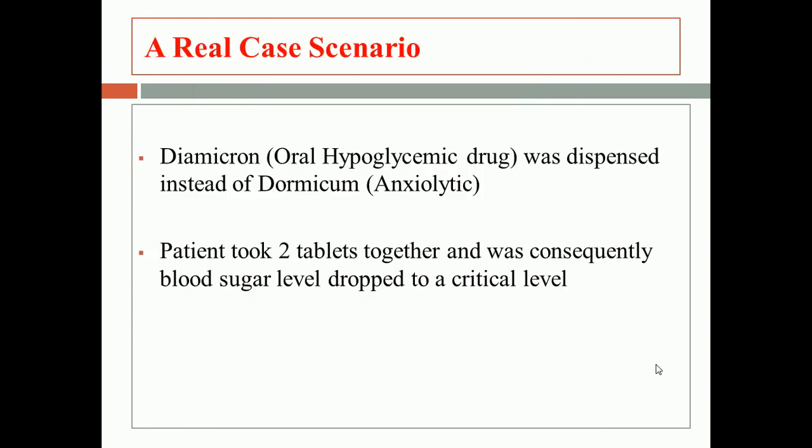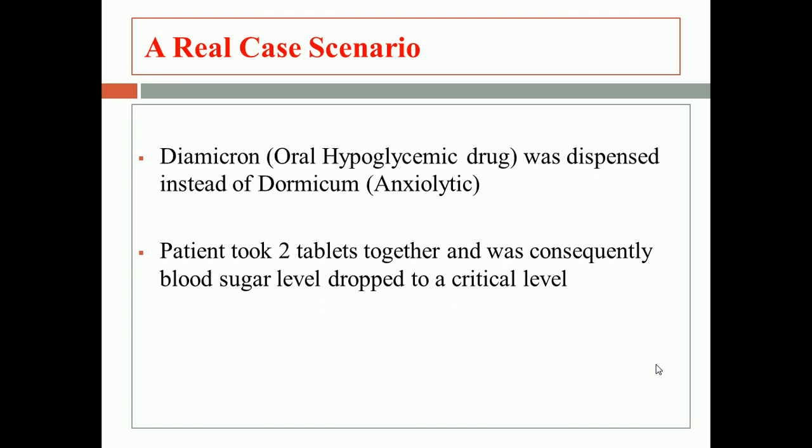I had a chance to deal with a real case scenario that occurred in a pharmacy where I used to work. A doctor came to have an anxiolytic. Anxiolytic means a drug which removes anxiety. That is called Dormicum.